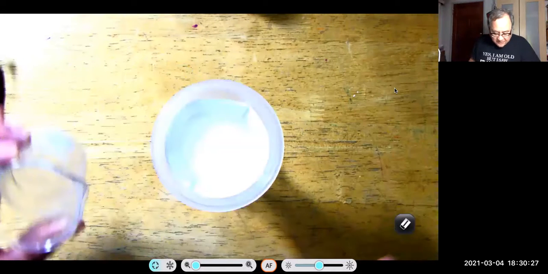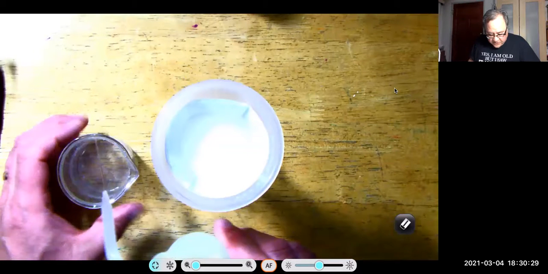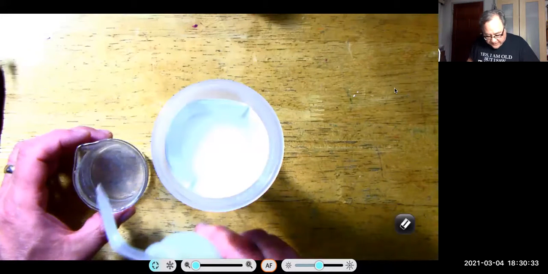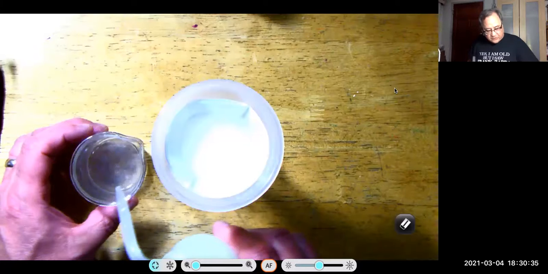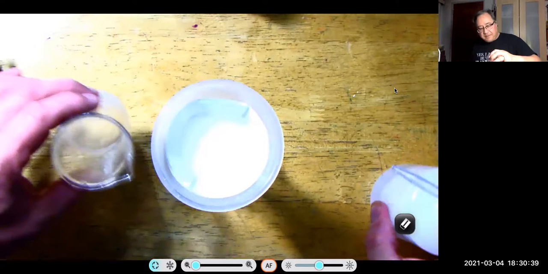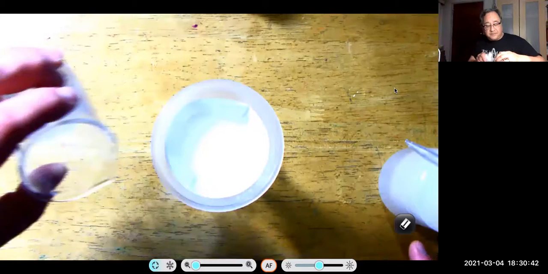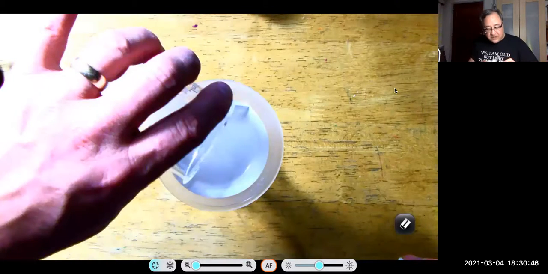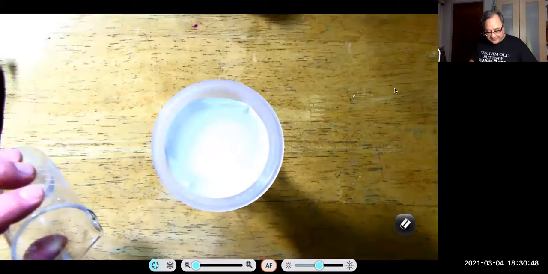I still have a little bit of solid left in there, so I'm going to do this again. I'm going to do this as many times as I need to get this to work. And the whole time when I'm passing this into my filter paper, I'm making sure I do not breach the edges.